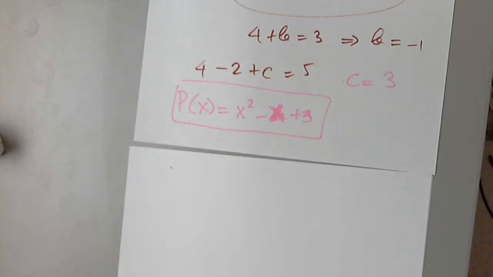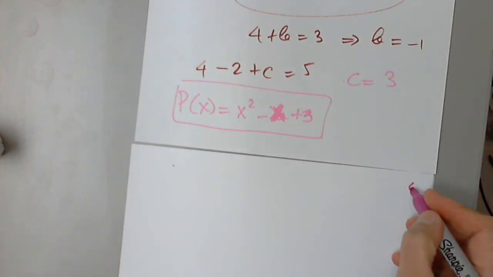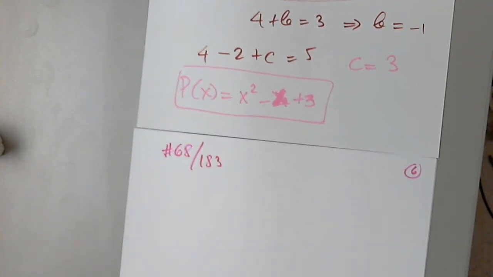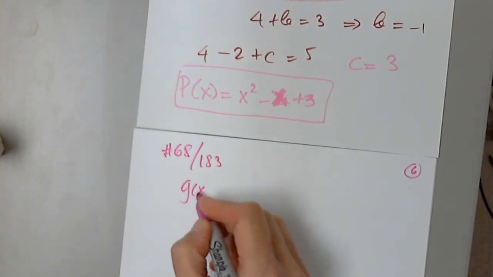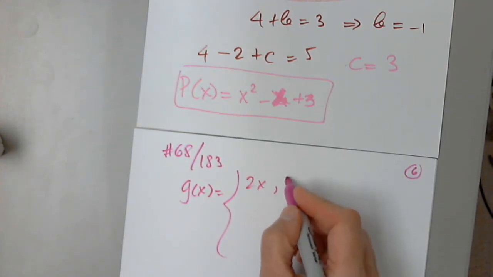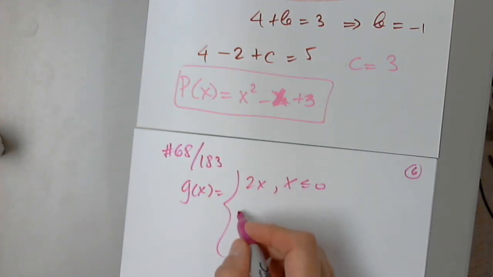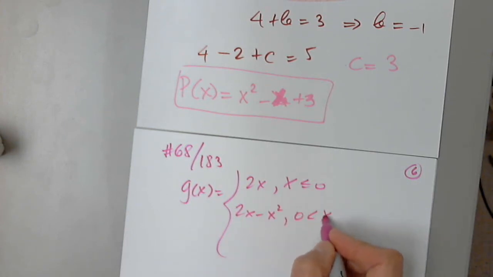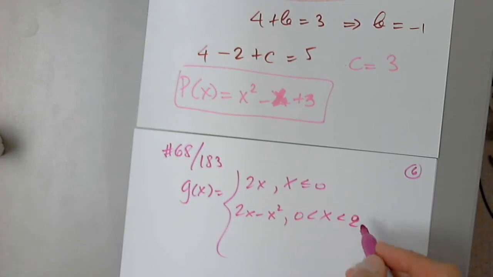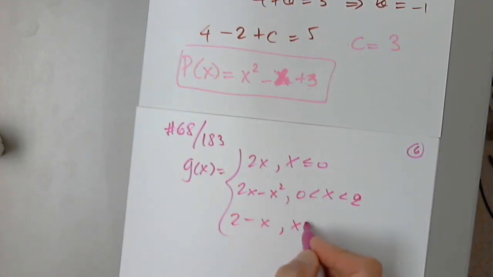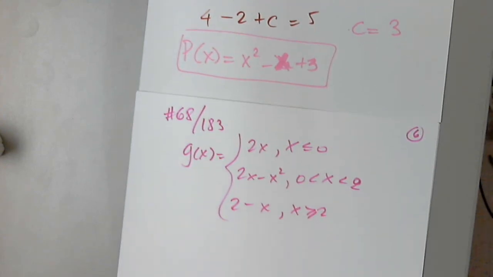So this is problem 68 on page 183. And we have g of x, a piecewise defined function: 2x for x less than or equal to 0, 2x minus x squared for x between 0 and 2, and 2 minus x for x greater than or equal to 2.